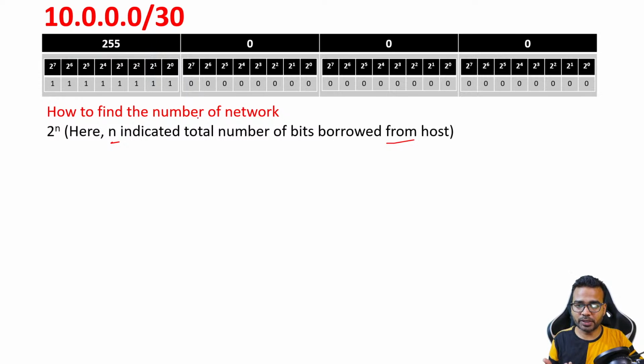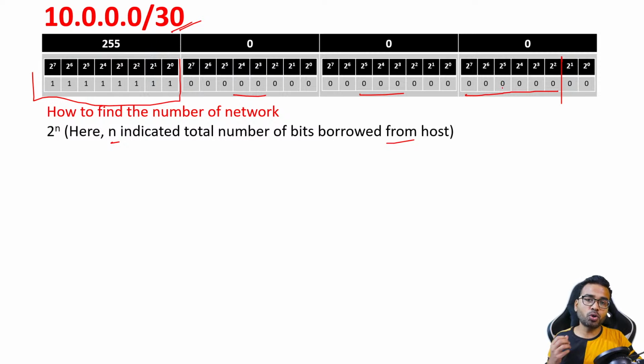Let me explain once again. By default, 8 bits are reserved for the network. Now, for completing 30, how many bits have we borrowed from the host? We have borrowed 8 plus 8, 16, and from the last octet we borrowed 6 bits: 1, 2, 3, 4, 5, 6. So 16 plus 6 is 22.